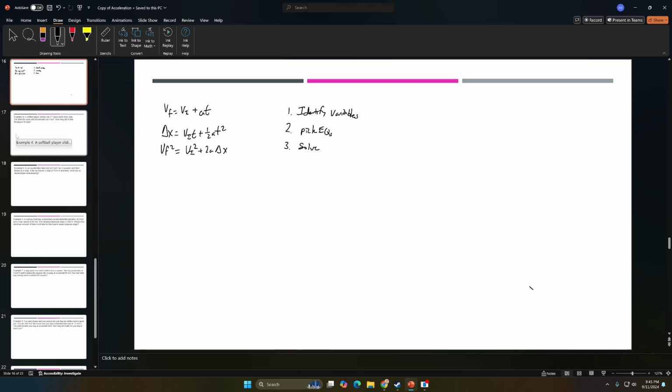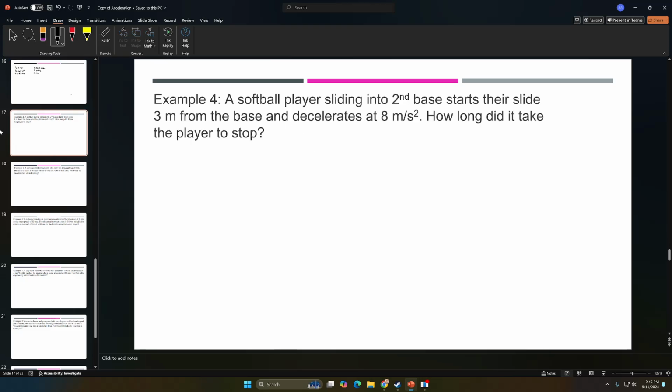Our first example is going to be this one. This is most similar to what you saw on Wednesday, so we'll run through it really quickly. We have 3 meters from the base, so that means a displacement of 3, a deceleration of 8, which means it's negative, opposite the way they're going.